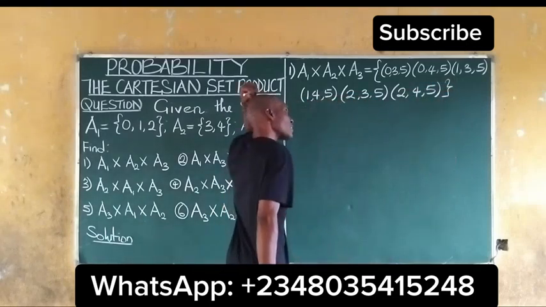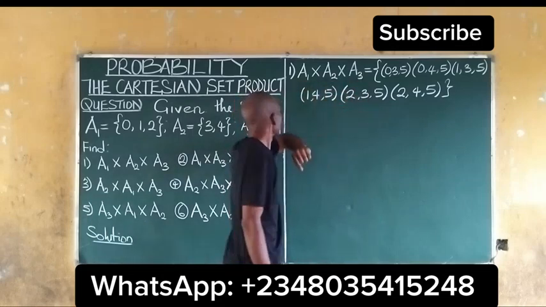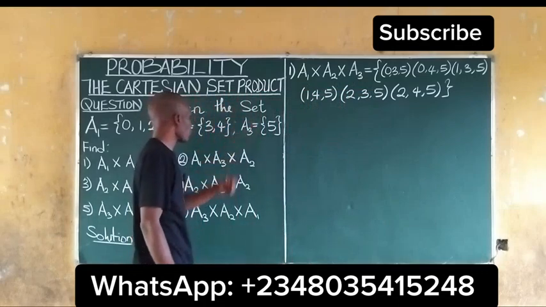So this is what we get for multiplying A1, A2, A3 using the Cartesian products.